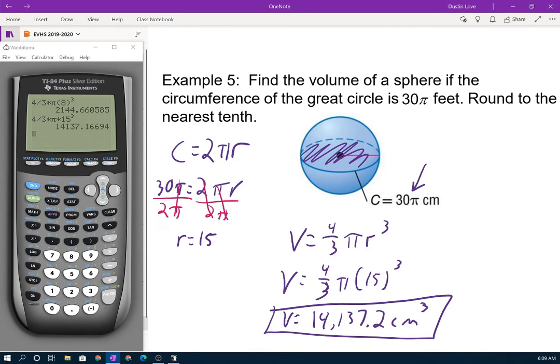So, same as before, use circumference to find radius, then radius to find volume.